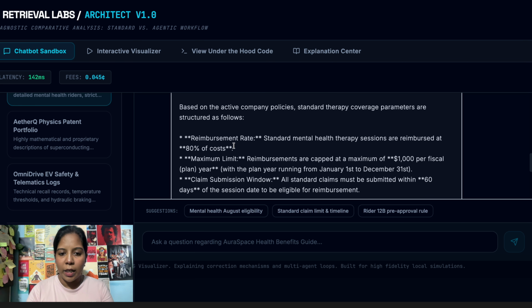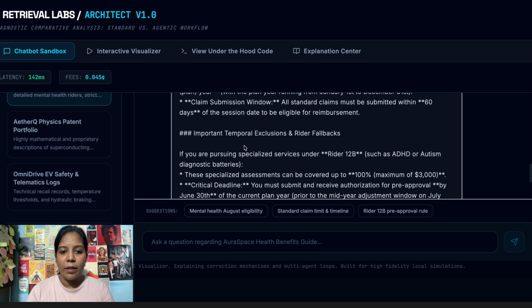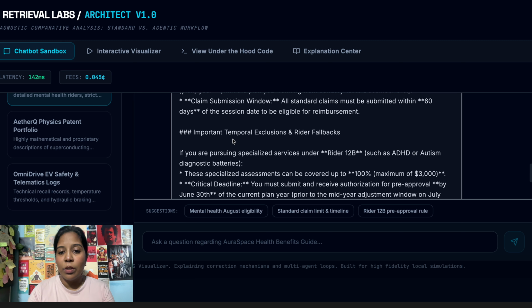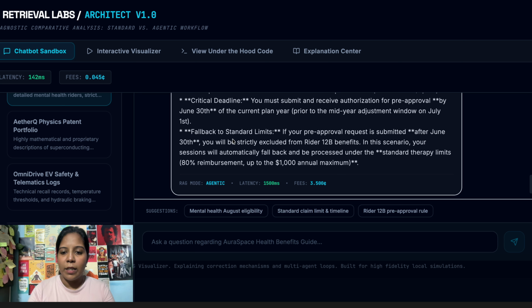The reimbursement rate, important temporal exclusions and rider fallbacks. It is detailed and specific, not giving every piece of information that it has. It is giving me things which are relevant, and also specifically giving me the required information that the user wanted.